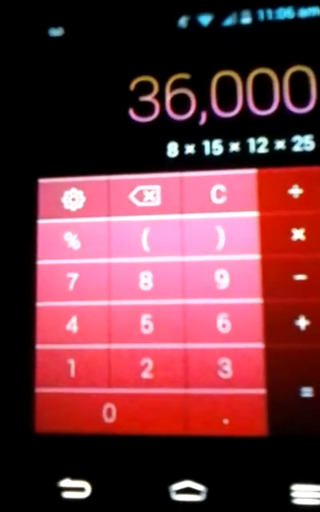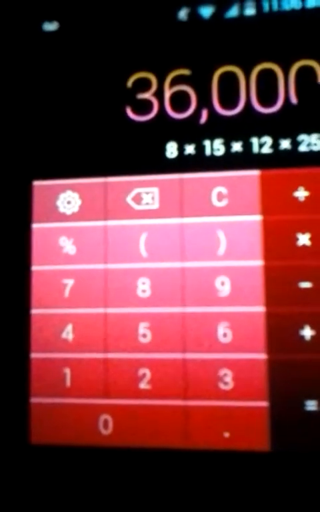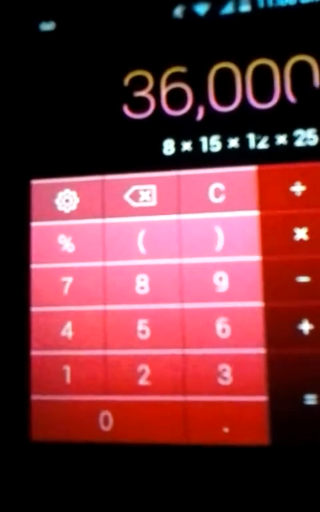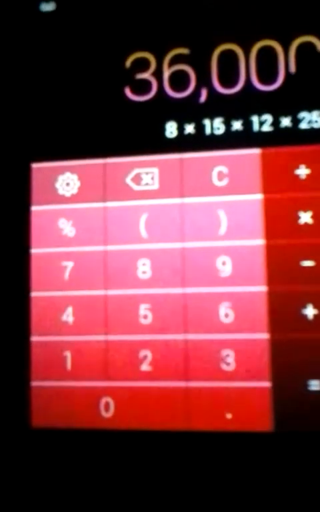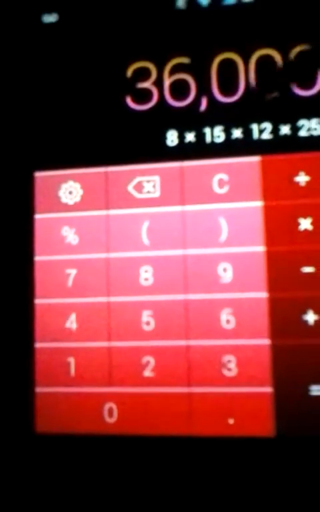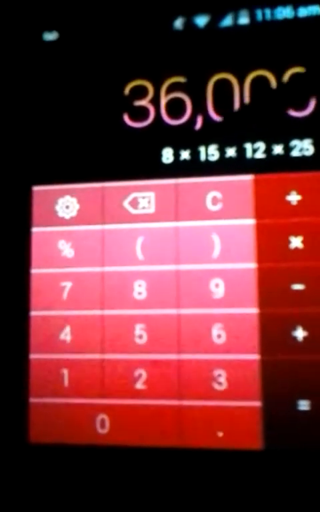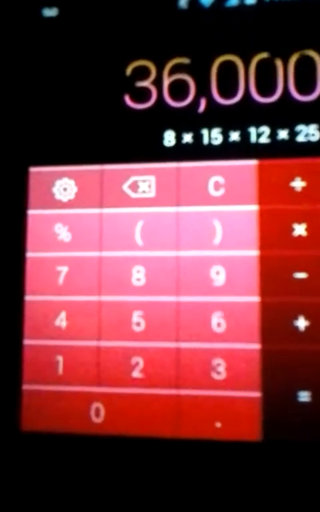Then when I multiply the 25, you still make out the year 2015. Still make out the year 2015. And you get the 36,000.